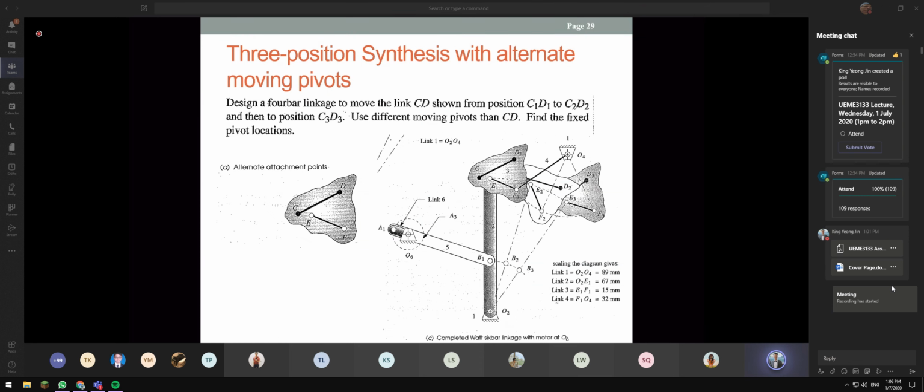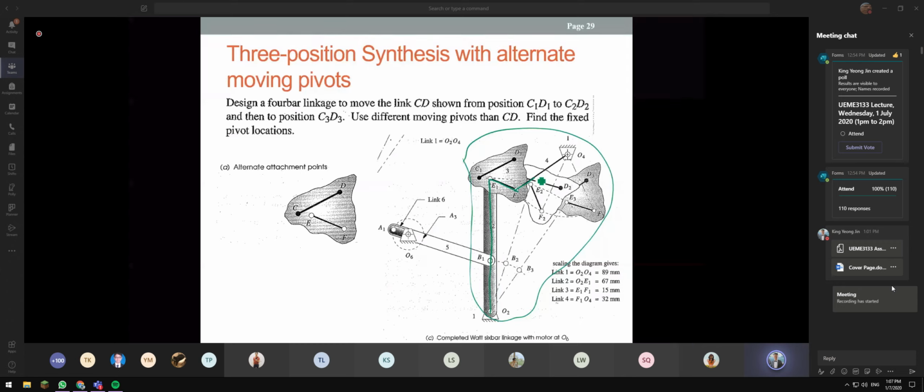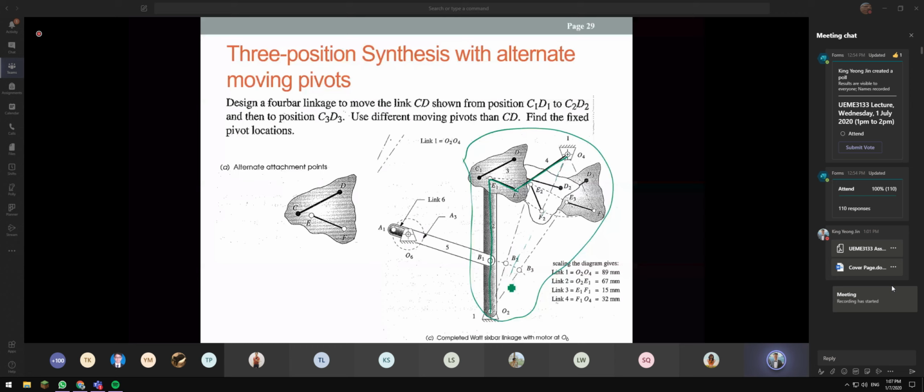If you come back to the previous 2 slides, this is the part we are working on. This is only the linkage. We have 1, 2, 3, and also the base, which is the ground link.